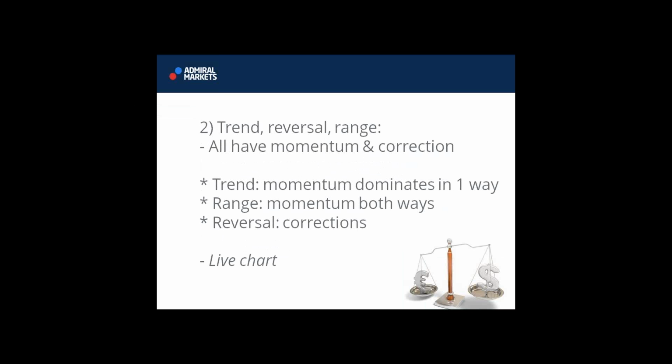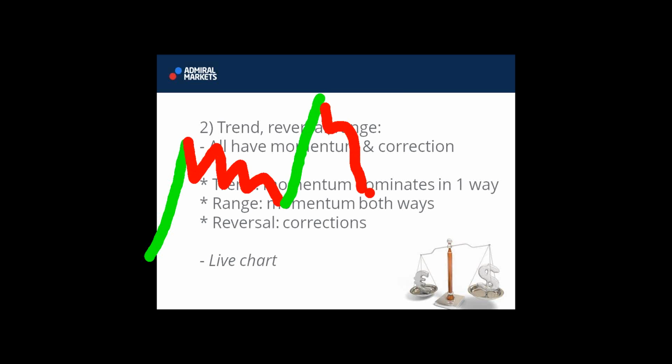Cool. So let's take a look at trend, reversal, and range. Basically, momentum is one part, but then we have trend, right? Within trends and reversals and ranges, we see both happening, the momentum and the correction. But typically in a trend, the momentum will be dominating in one way, because we'll see an impulse, a correction, an impulse, a correction.